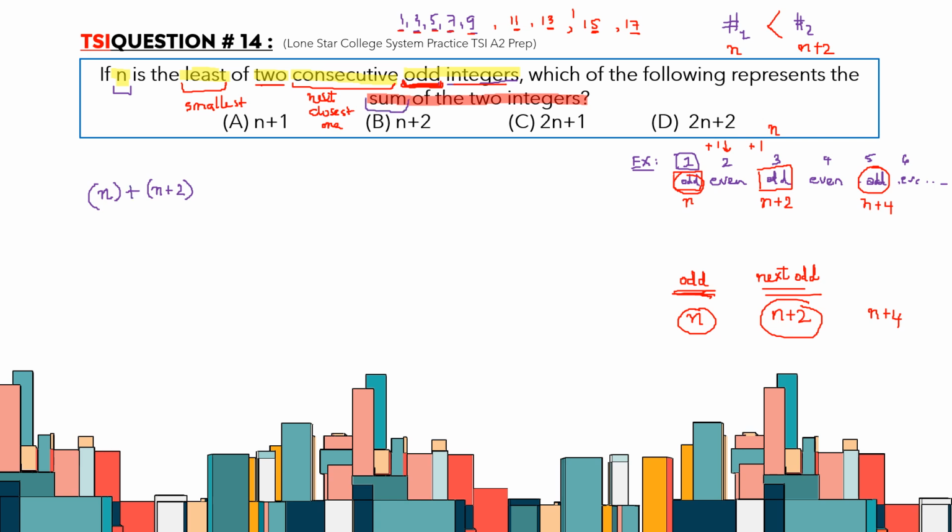So n is the first number, add n plus 2 as the second number, that gives 2n plus 2. And 2n plus 2 is our sum of the two integers, where n is the least of two consecutive odd integers. So D will be the right answer.